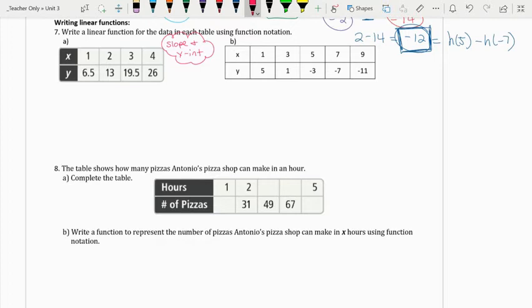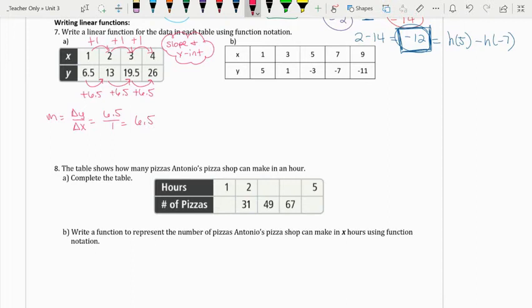So the first thing we want to do is focus on what's happening between each. The same thing should be happening each time, which in this case it is. It's going up by 1. The bottom is also having the same thing happen, and it is increasing by 6.5. So this does mean my slope, which is change in y over change in x, is going to be 6.5 over 1, or 6.5.